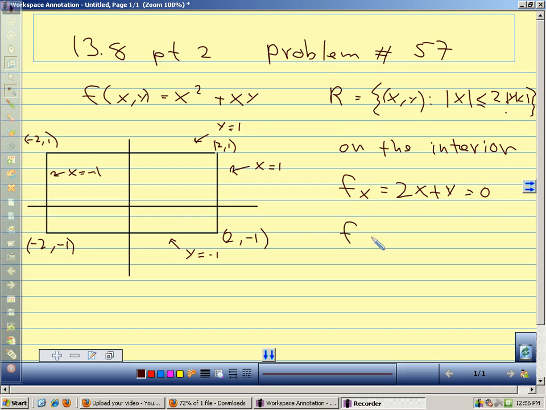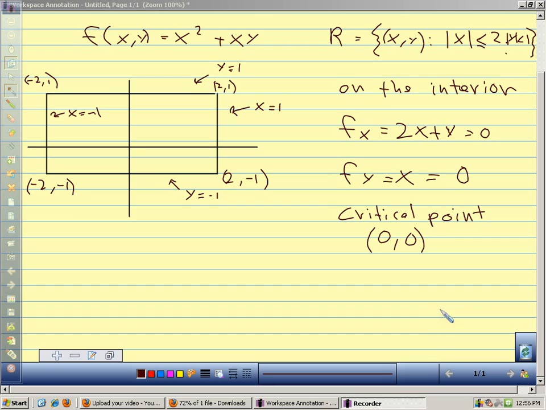And the partial with respect to y, which is x, equals 0. So already we know that x equals 0, and substituting that into our first partial, we have y equals 0, so we have a critical point at 0, 0.